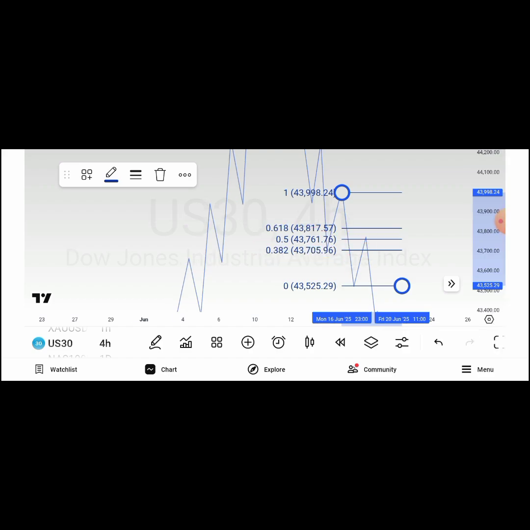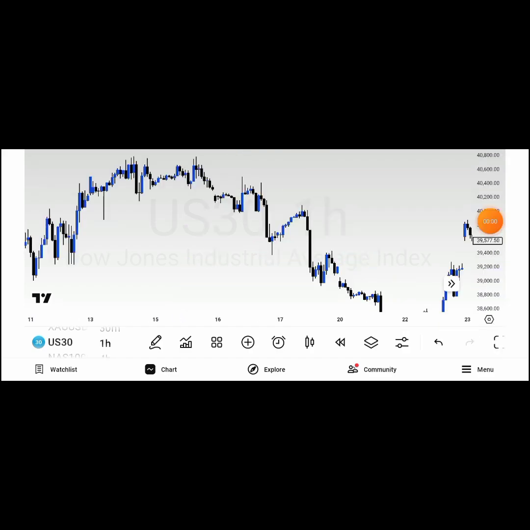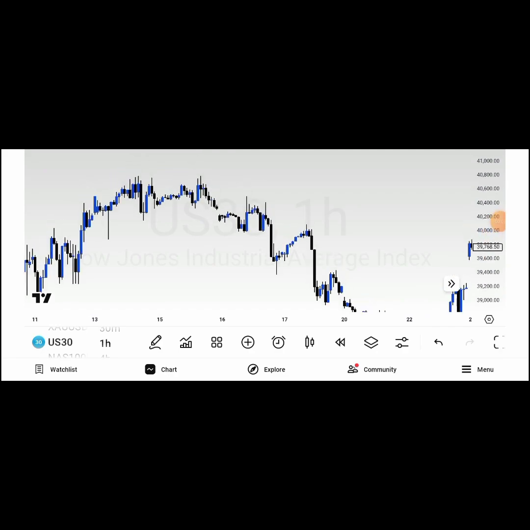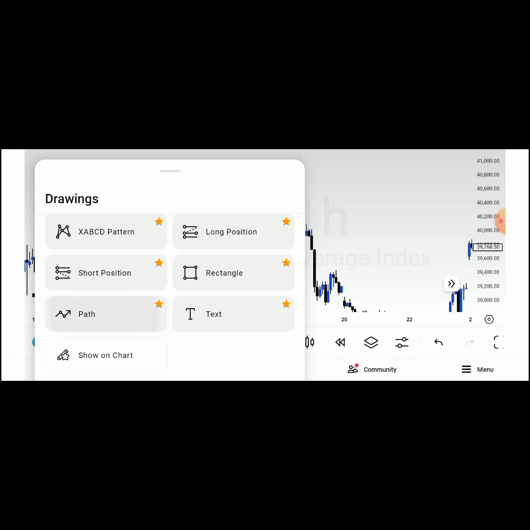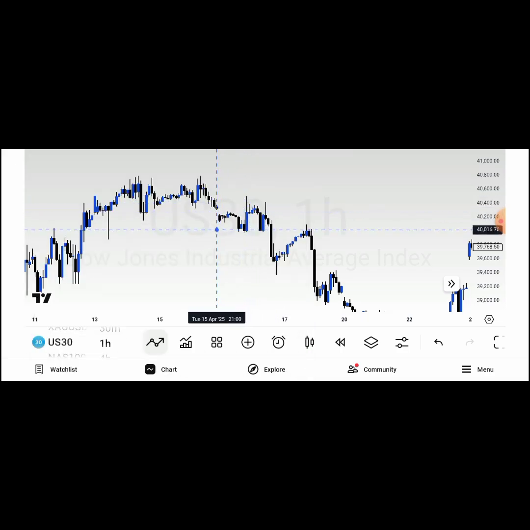I would not want this video to be long, so let's try to use Fibonacci on the chart here. As you can see, this is a trending market. Fibonacci only works in a trending market, and there are two types of trending market: uptrend and downtrend. If the market is ranging, you can't use Fibonacci.